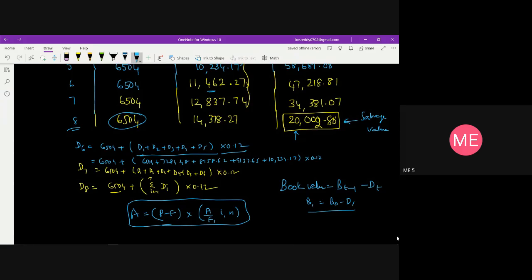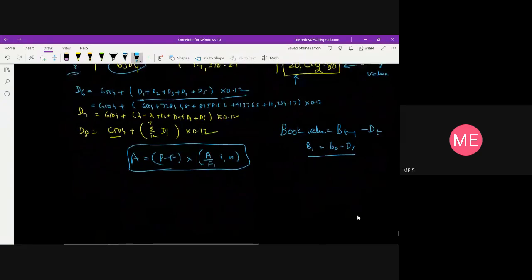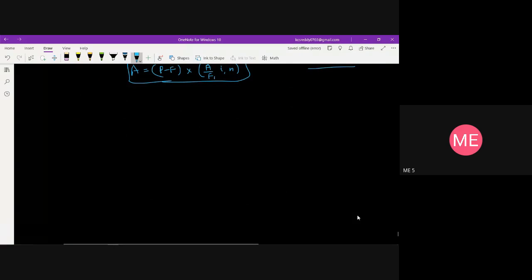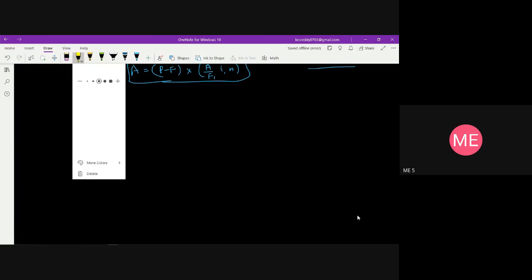Now we move to one more method of depreciation, which is called the service output method of depreciation.